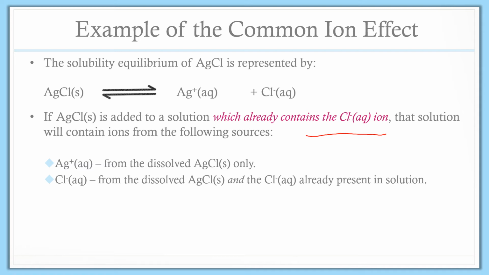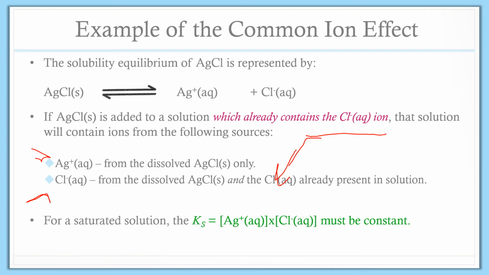That solution will contain ions from the following sources. So here's what's overall in that stuff. The silver that you're adding, the chloride that you're adding, and the chloride that was already present. So there's three things present.